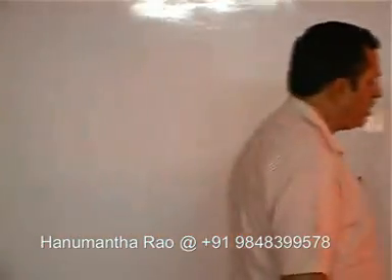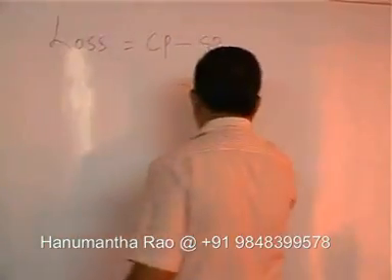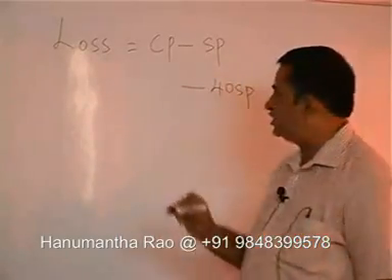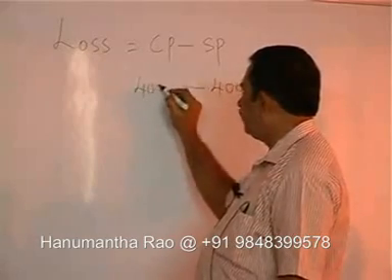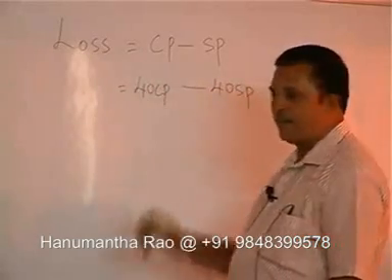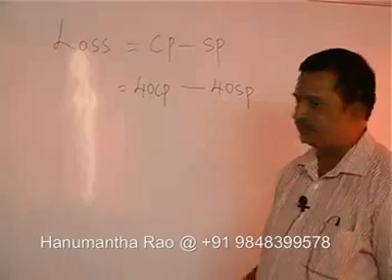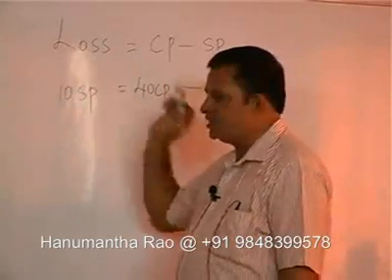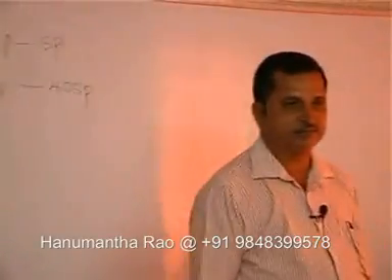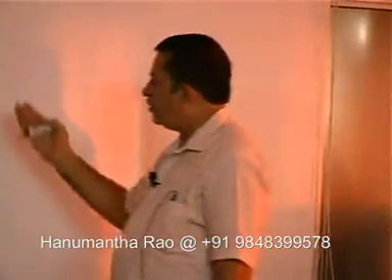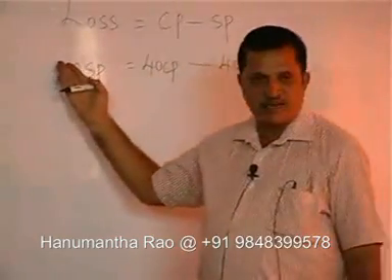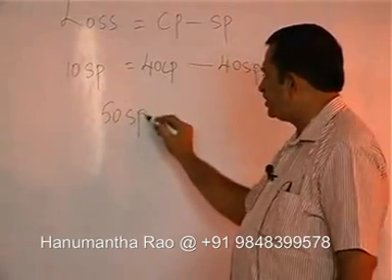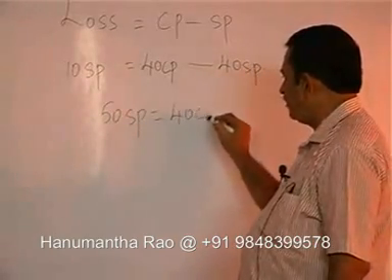By selling 40 articles, 40 SP, a man has to sell 40 articles means he needs to buy 40 articles. The result, I mean the loss, is the selling price of 10 articles. Minus 40 SP goes this side, plus 50 SP is equal to 40 CP.